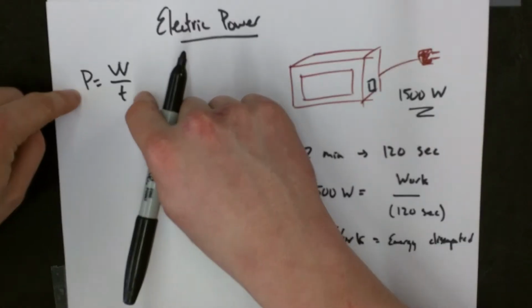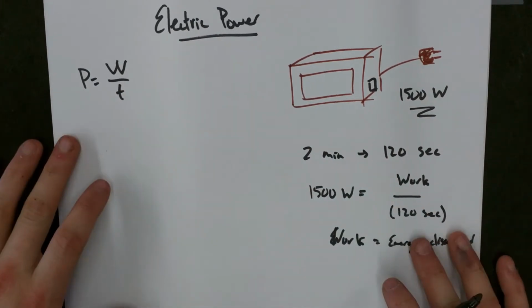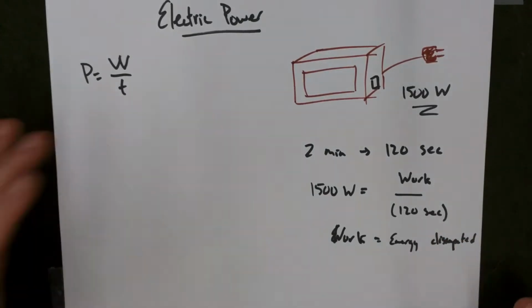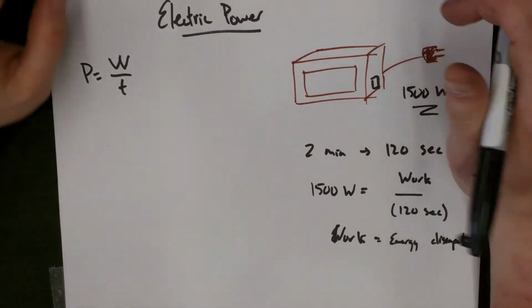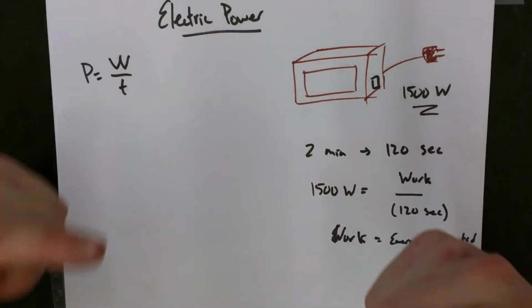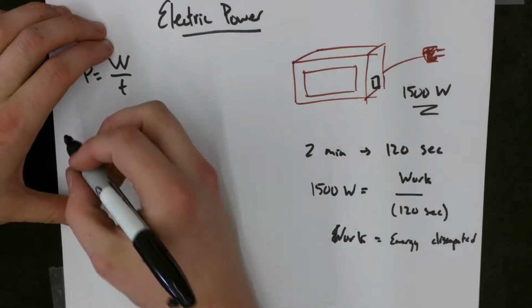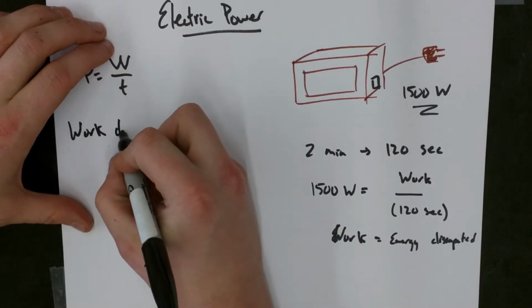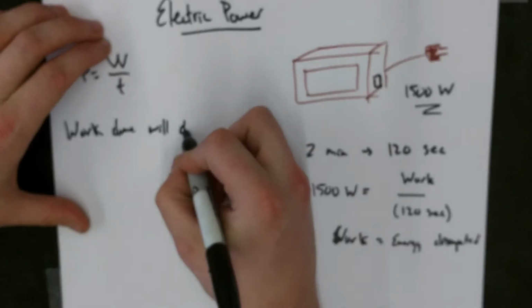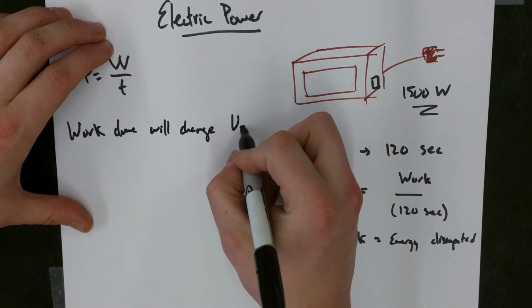So if power is work over time, then work, any given work, could change the level of electric potential. So work done will change UE.